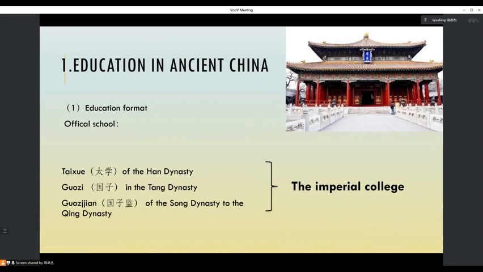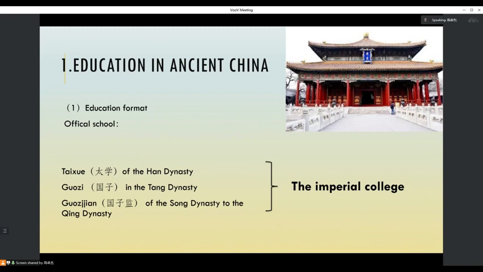You can look at this picture at first. Consider what it is. What do you say? Temple. Almost. But it is a school in ancient China.